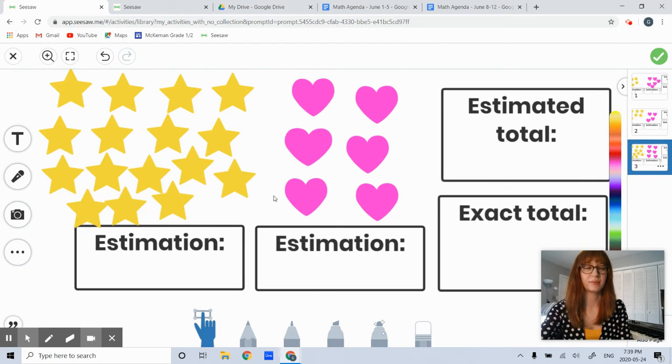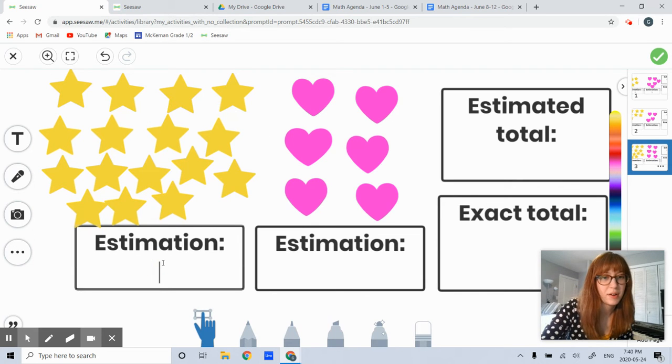Let's try over here. Here I have a ton of stars. I'm going to estimate I have about, I have 4 going this way, 1, 2, 3, 4 coming down 4 times. So I'm going to estimate I have about 20 stars.